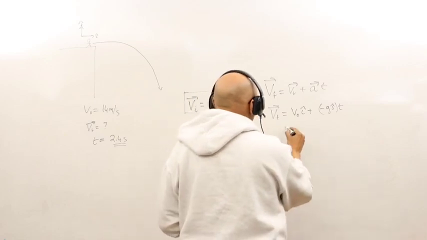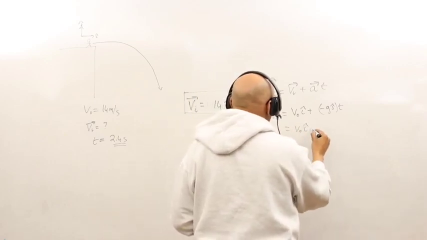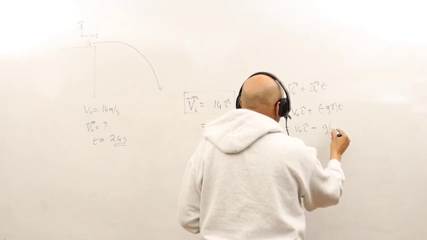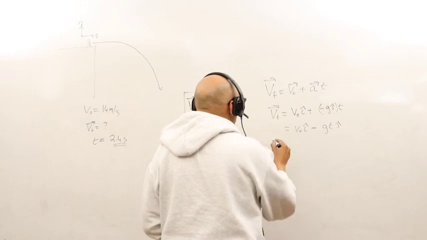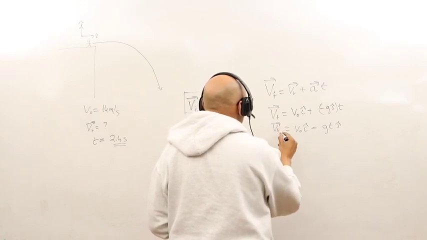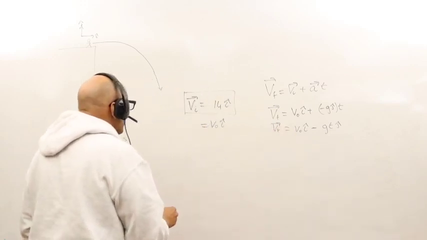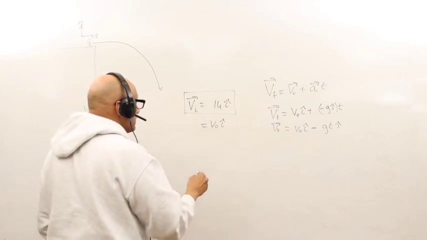And so we're left with V0 I hat minus g t j hat at any time, V final. So we can find the final velocity just before it hits by just plugging in numbers.